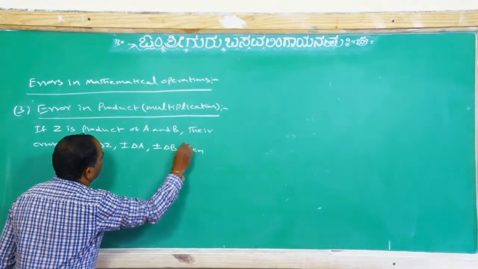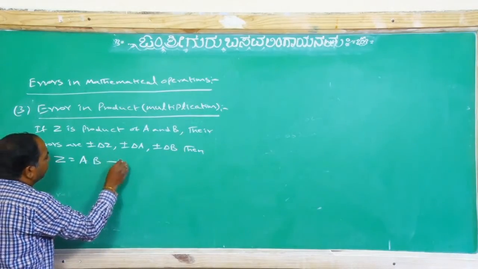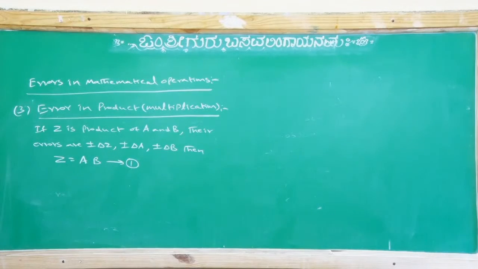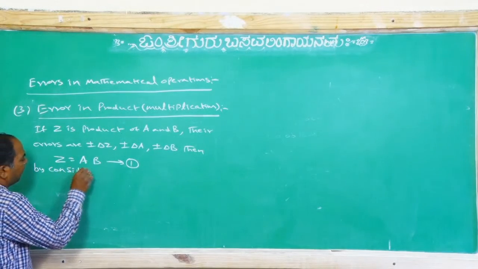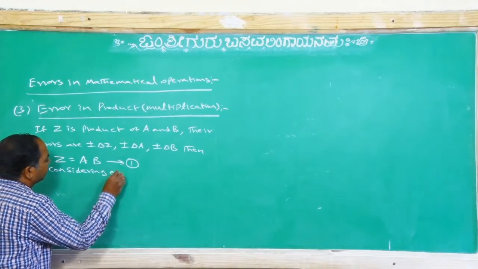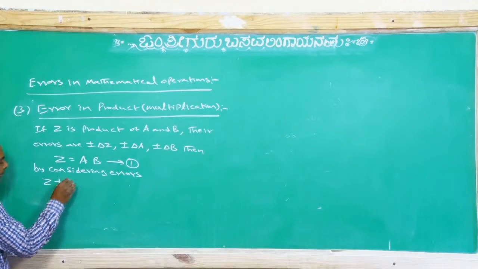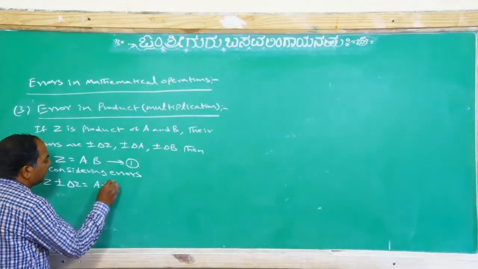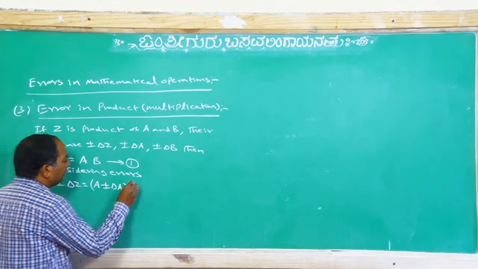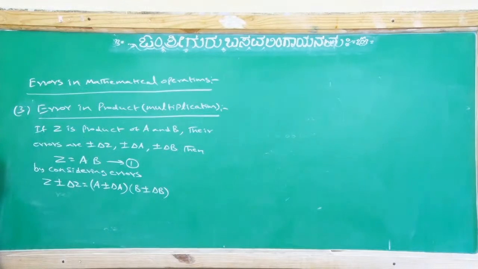then we may write Z is equal to A into B, equation 1. By considering errors, Z plus or minus delta Z is equal to A plus or minus delta A into B plus or minus delta B. We may consider this.